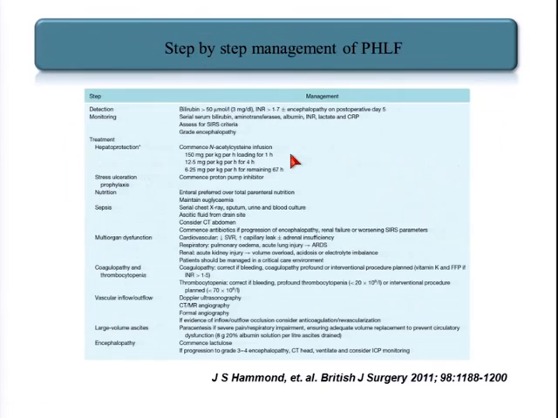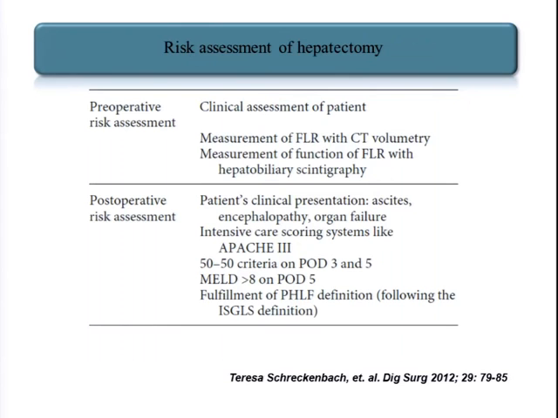But still, it's very difficult for us to protect liver function. Sometimes we have to face severe post-hepatic liver failure, which can be managed by step-by-step management. Sometimes it's very hard.